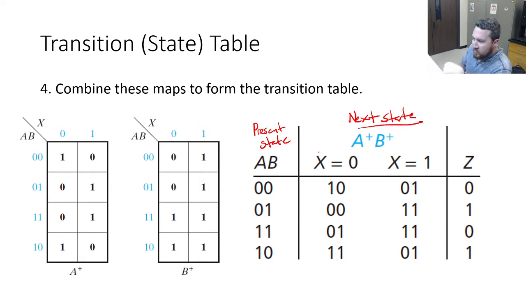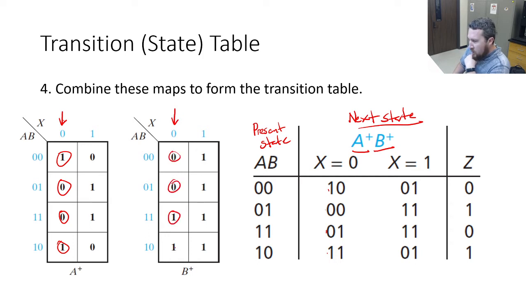For x equals 0, for the A plus part, we look over here at A plus for x equals 0, and that's 1, 0, 0, 1, right? And that's what we have here, 1, 0, 0, 1. And then for B plus at x equals 0, we look over here at the B plus map, and we've got 0, 0, 1, 1.